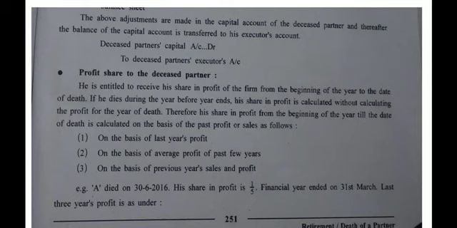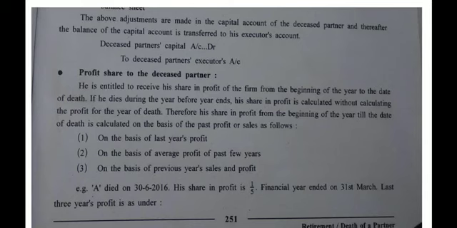Now obviously, because there is no existence of the particular partner who has met death, the amount is to be transferred to the deceased partner's executor's account. Executor, as I said, is a person who will carry out the legal procedure of a will.